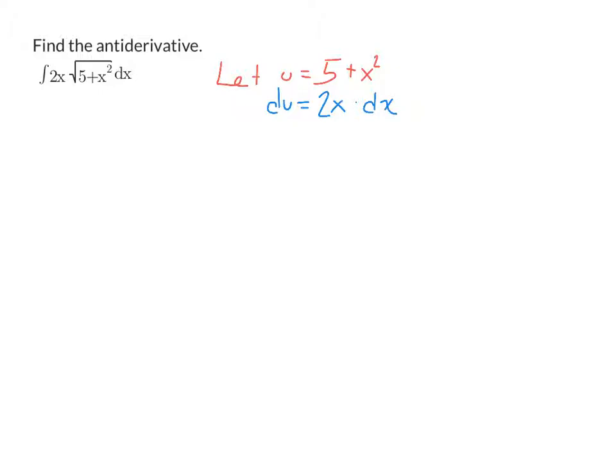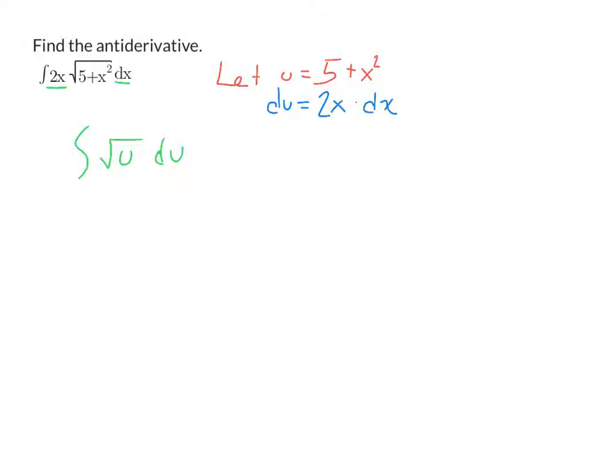Using this new information, I can go back to the original integral and replace it. So we're going to have the integral of the square root of 5 plus x squared. Well, u is the same as 5 plus x squared, so I'll have the square root of u. du is the same thing as 2x times dx, and that's what we have here, 2x and dx, so times du.